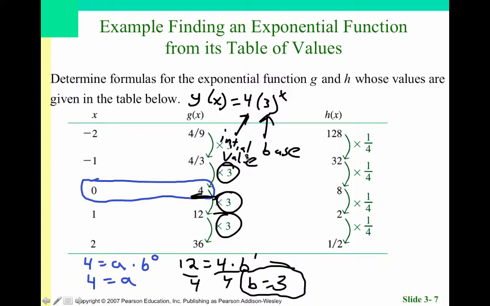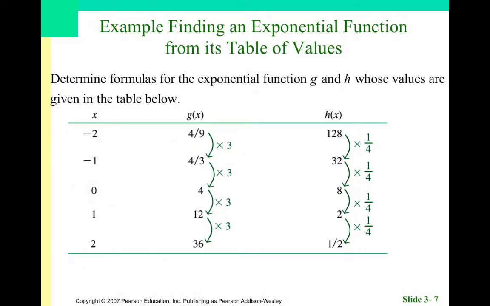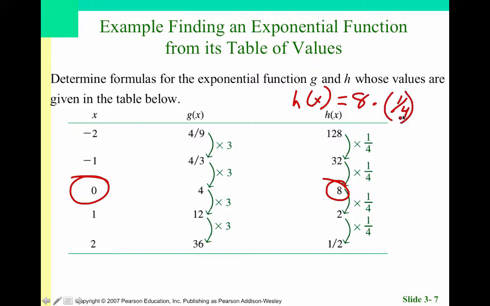One on the right, h of x. Again, I've got 0 and 8. My repeated multiplication is 1/4. It's just going to be h of x equals initial value times, what are we continually multiplying by? 1/4 to the x.